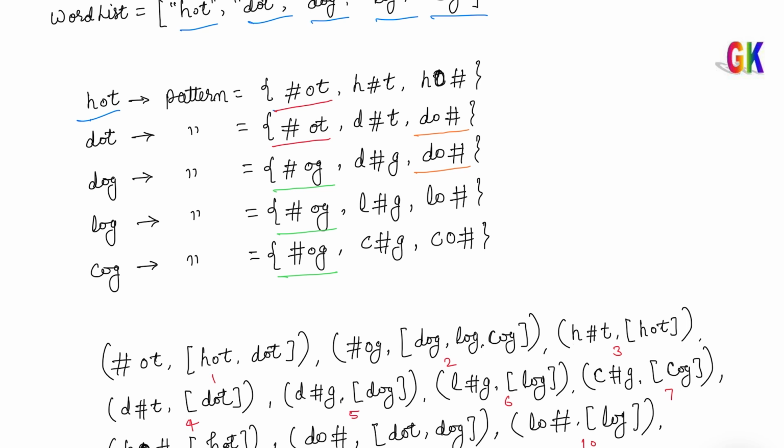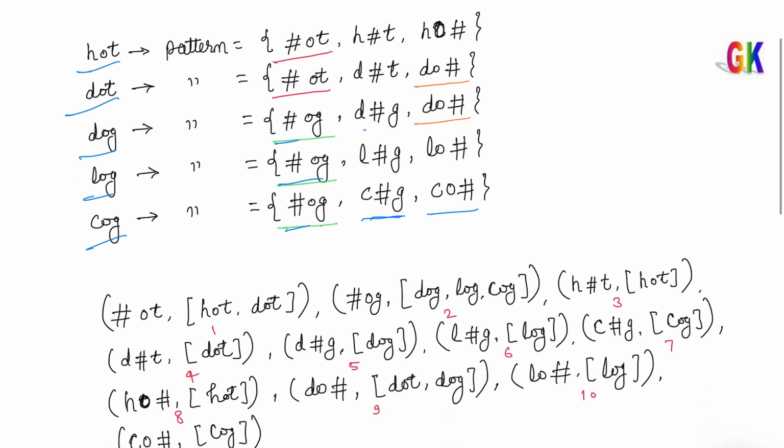In the same way for dot: *ot, d*t, do*. For dog also: *og, d*g, do*. For log also: *og, l*g, lo*. For cog also: *og, c*g, co*.